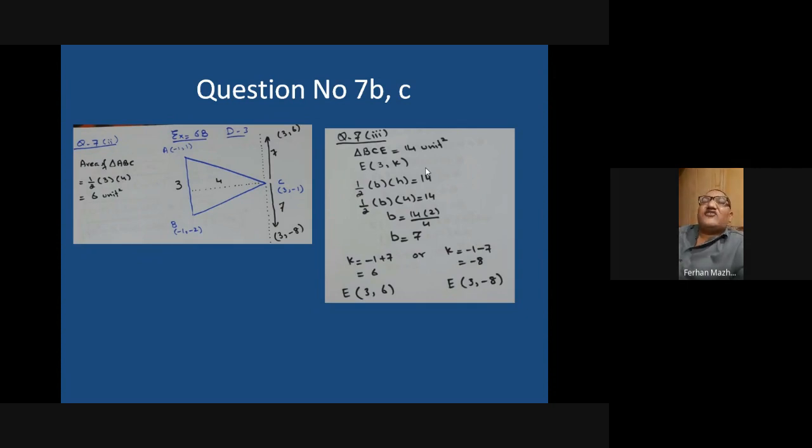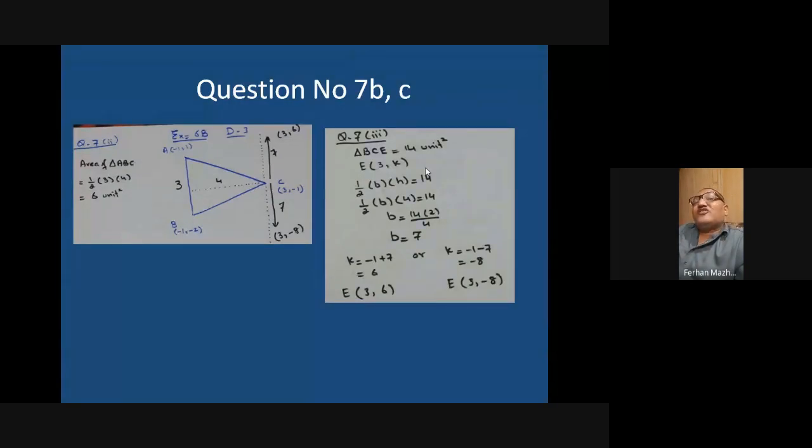Then he says that the triangle BCE, wherever that E point is, its height will be 4. The height is the perpendicular distance from B onto the vertical dotted line which is passing through the C, on which the E will be, and that perpendicular distance is 4.